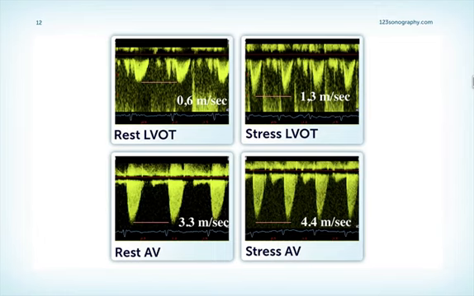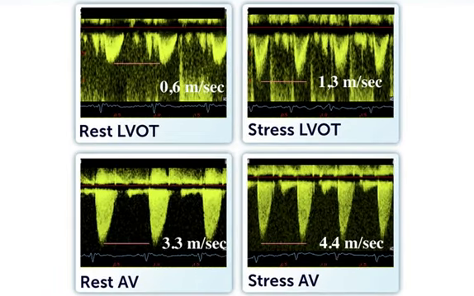Here's a nice example of a patient with contractile reserve and true severe aortic stenosis. You can see here on the left side that the resting velocity in the LVOT is only 0.6. If you have a patient with a low velocity below 1 meter in the LVOT, this always points to reduced left ventricular function.